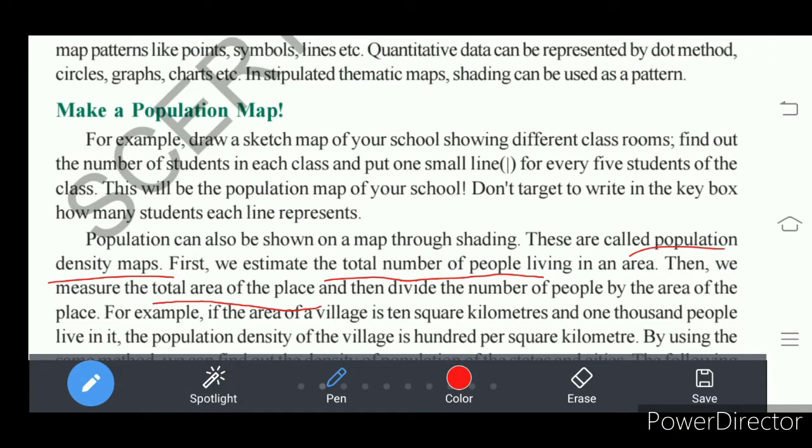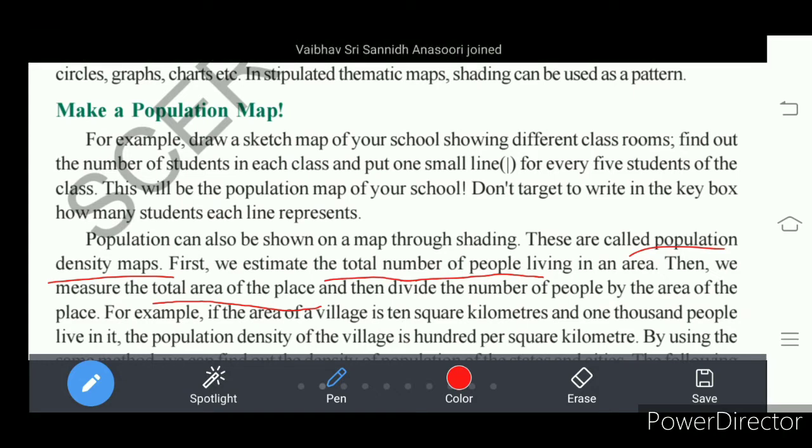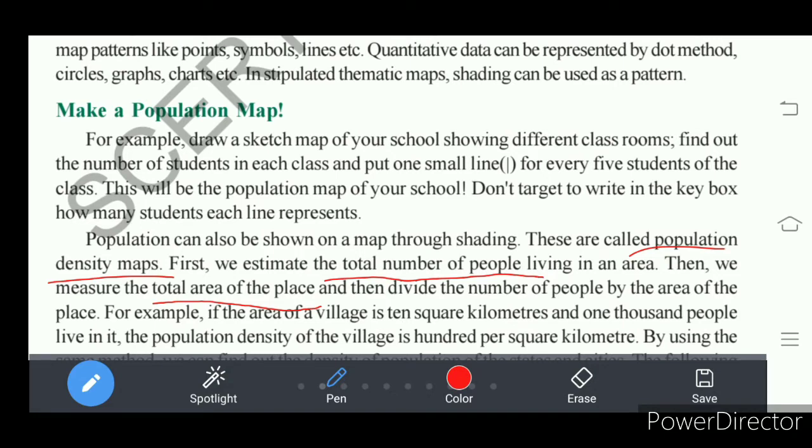How do we get population density? We get it when the total population of one place is divided by the total area of that place. For example, in a village, say the total area of the village is 10 square kilometers. This is one village.